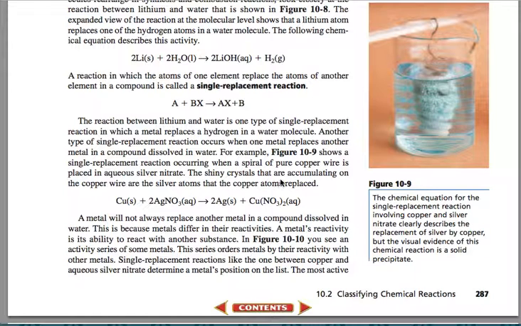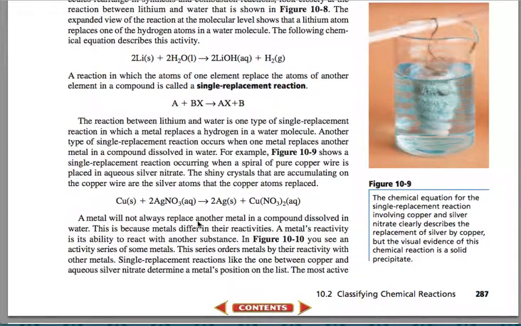The shiny crystals that are accumulating on the copper wire are the silver atoms that the copper atoms replace. So the copper is reacting, and now the silver is becoming solid. So we have copper and silver nitrate react to produce solid silver and copper nitrate in the aqueous solution.